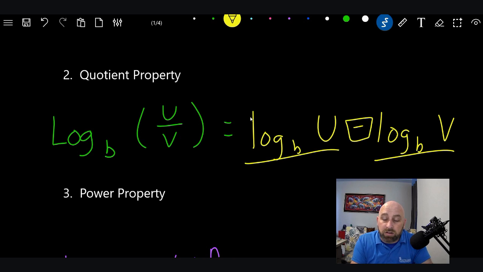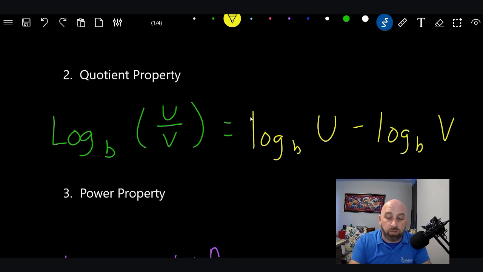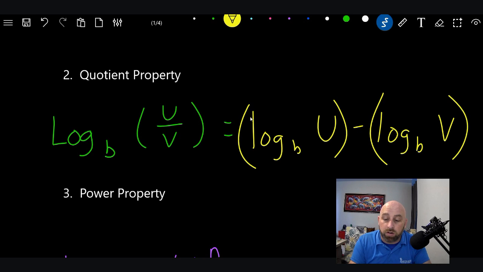Now, we do have to do those a little bit differently in our calculators to get the right answer. Most calculators will force you to put these in parentheses in order to get the correct answer. So you put this quantity in parentheses, and then you hit the minus sign, and then you put that quantity in parentheses, and it will subtract those two things together.